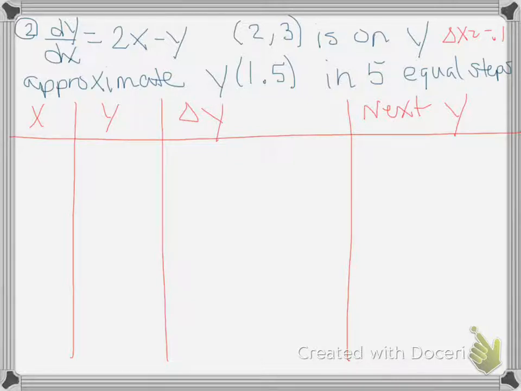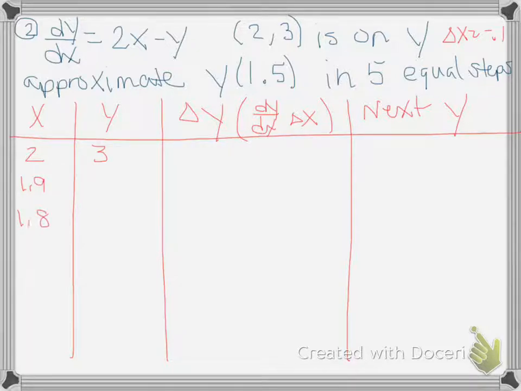Remember that delta y is dy dx times delta x, and your next y is going to be y plus delta y. If you want to write that down, you can. You don't have to. Okay, as you get to do more practice with these, it's just going to sort of become like second nature.